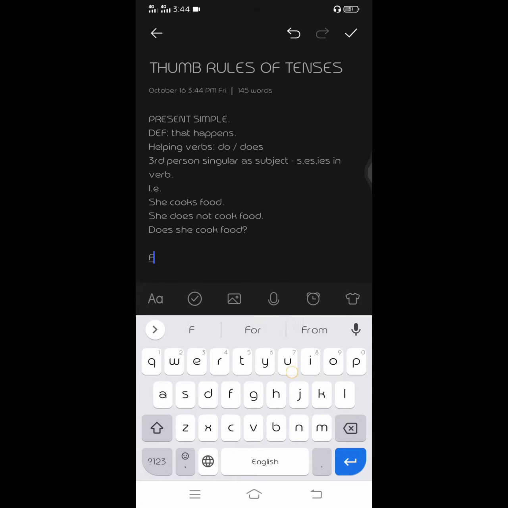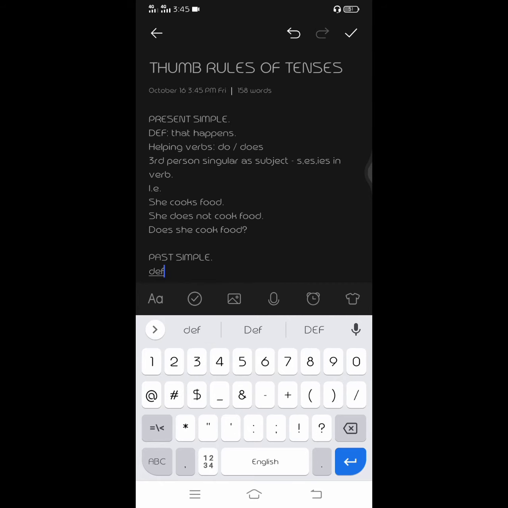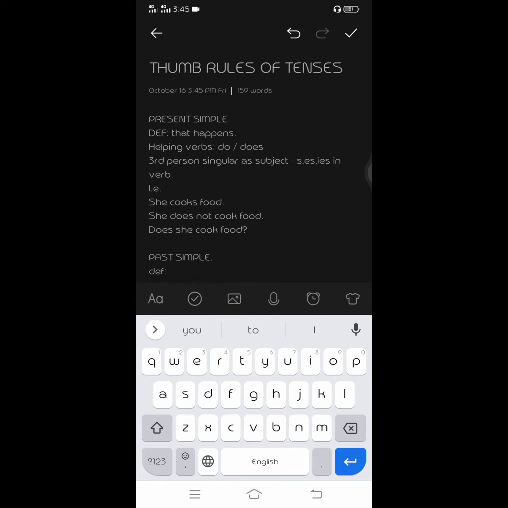What we have next is called past simple tense. So what is the definition of past simple tense? Like we had the definition with present simple, we are going to have a two-word definition with this as well.